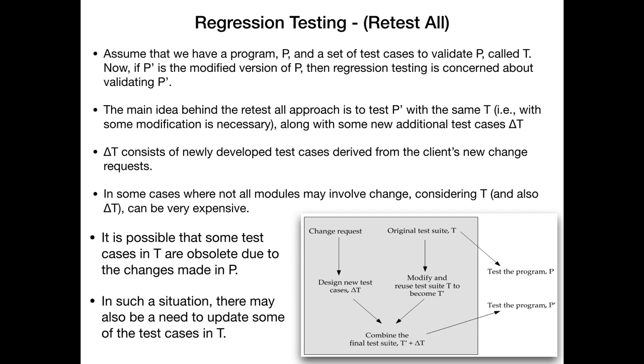You bring the previous test cases, and you identify what you changed or added in the software, and you develop a set of new test cases we call delta T. Then we combine the previous set of test cases and this new set of test cases, and you apply both of them to program P dash, and that is the retest all approach.